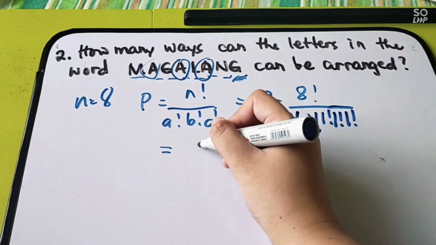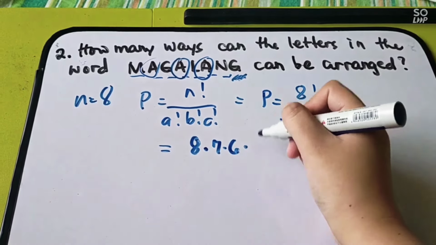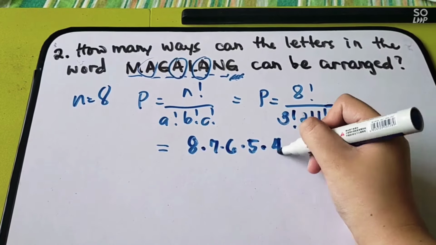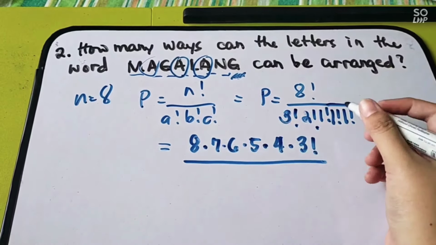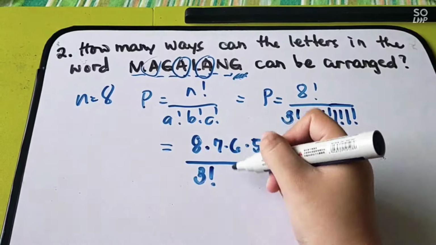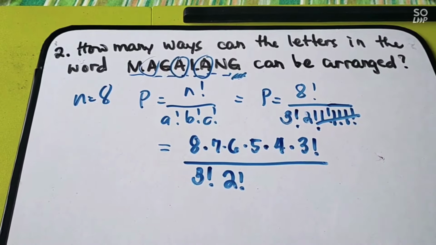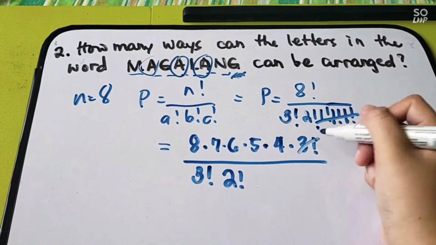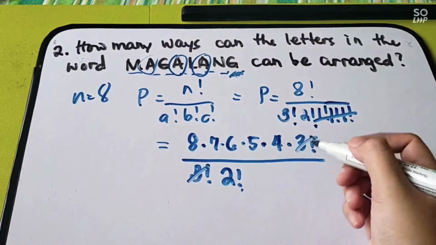Yan. Now, let us simplify. We have 8 factorial is 8 times 7 times 6 times 5 times 4 times 3 factorial. Stop ka na dun para makancel mo na to. 3 factorial, then 2 factorial. Kahit wala na to 1 factorial na yan kasi 1 lang naman yan. Cancelled out 3 factorial, then 2 factorial is 2.